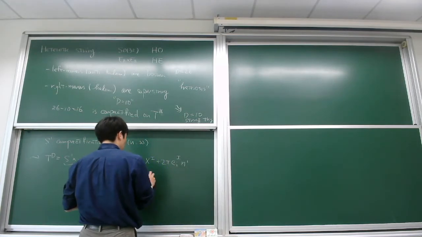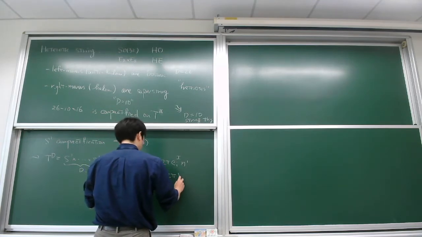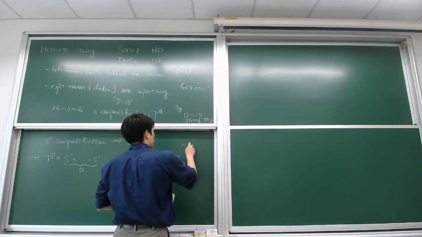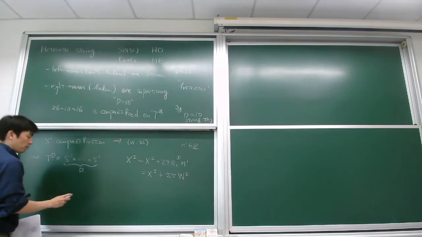And then, as a shorthand notation, I call this 2π w^i, where n^i is the corresponding winding number.